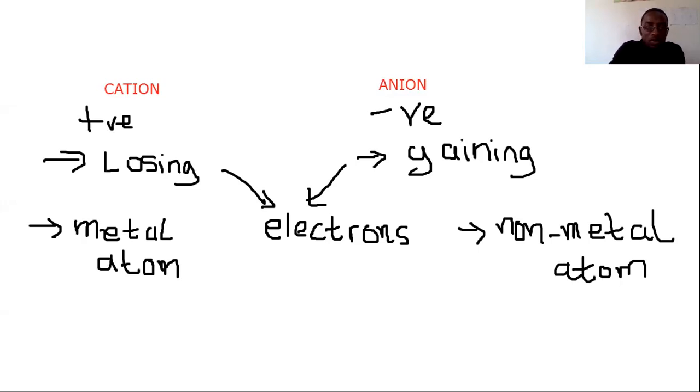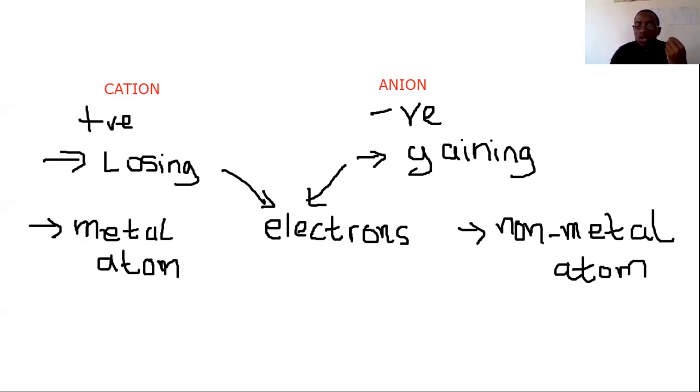We have what we call the valency number. Nonmetals gain electrons according to the group they belong to on the periodic table. Group 4, they gain 4. Group 5, they gain 3. Group 6, they gain 2. And group 7, they gain 1.